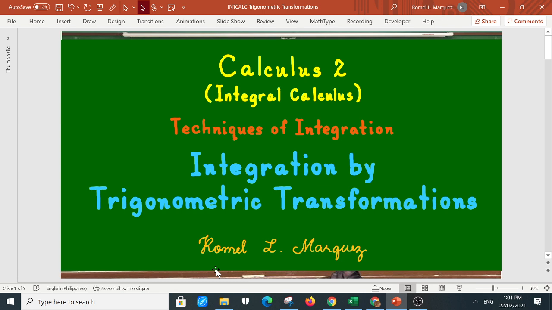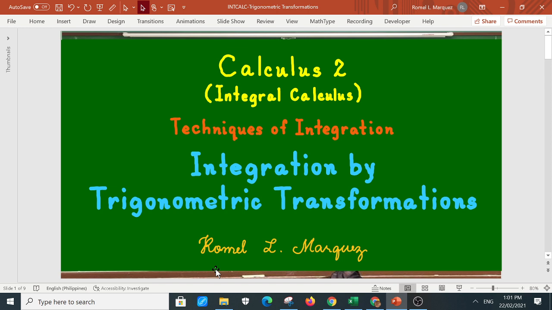So another technique of integration that will work on integrals involving trigonometric functions, especially powers of trigonometric functions. Integrals involving trigonometric functions that cannot be handled by basic integration formulas are often evaluated by using the technique called integration by trigonometric transformations.